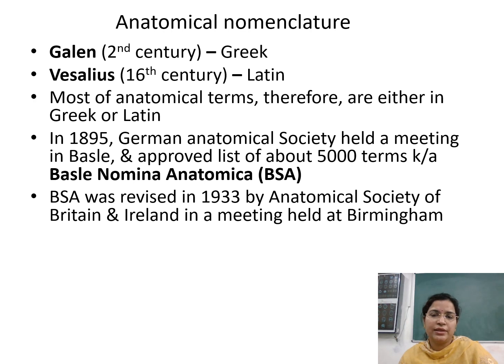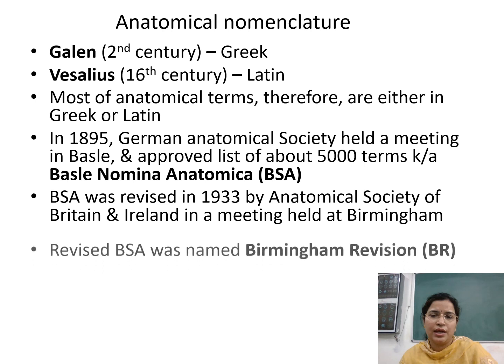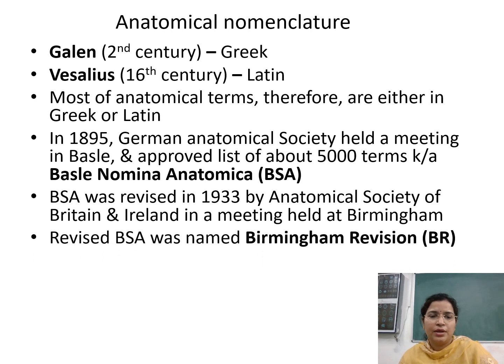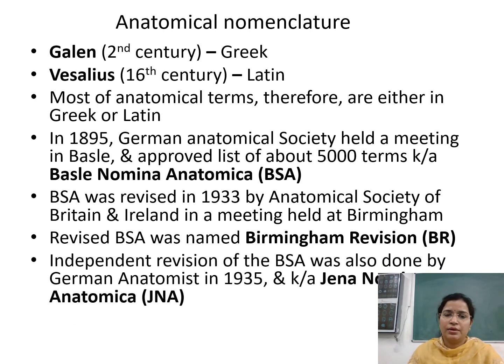Then it was revised by the Anatomical Society of Britain and Ireland in a meeting held at Birmingham, named the Birmingham Revision, and an independent revision was also done by German anatomists in 1935, known as the Jena Nomina Anatomica.